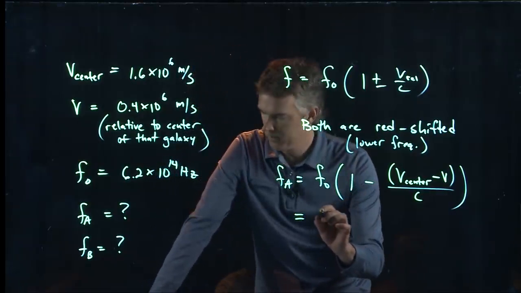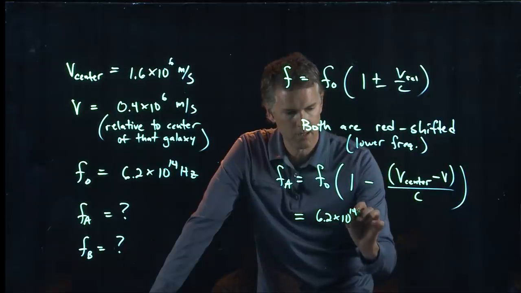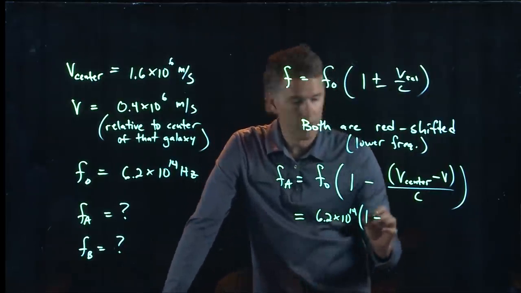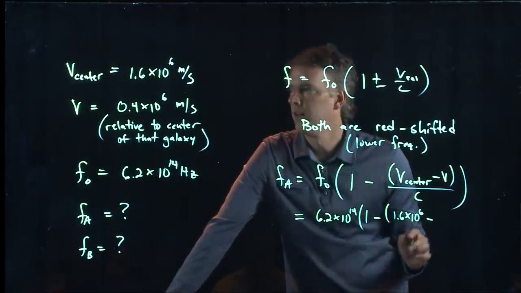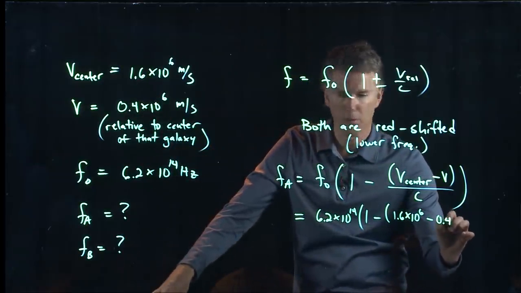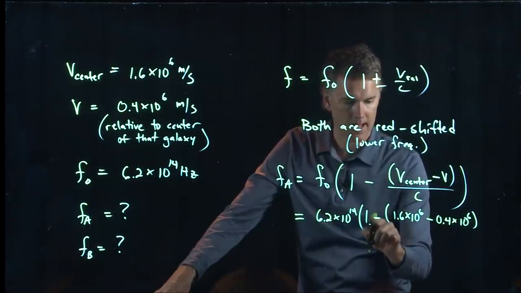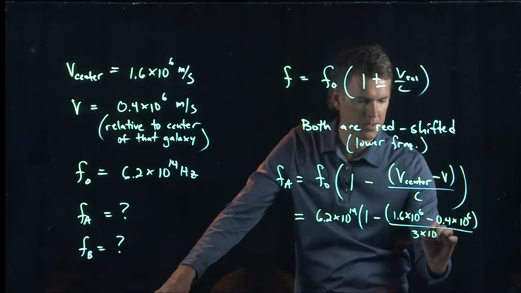Let's do that. We've got 6.2 times 10 to the 14 out in front. We have a 1 minus this thing, which is 1.6 times 10 to the 6, minus the rotational speed, which is 0.4 times 10 to the 6, and then that last bit is all over c, which we know is 3 times 10 to the 8 meters per second.